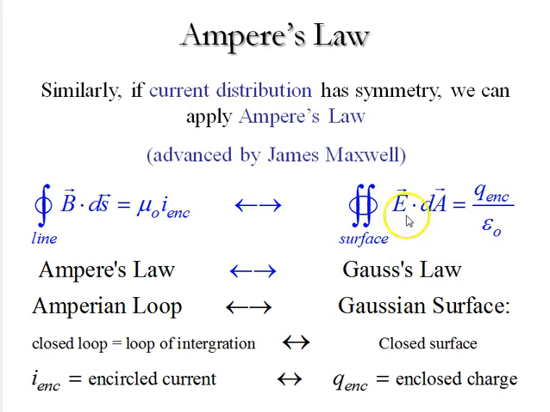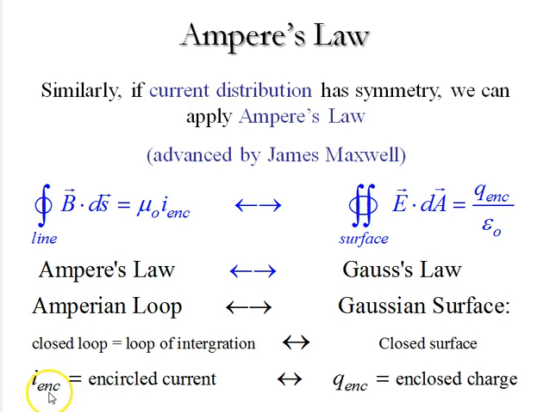What we called a Gaussian surface we'll refer to as an Amperian loop because it's just a line integral. So our closed loop is a loop of integration, whereas our surface integral was really a double integral around a closed surface.